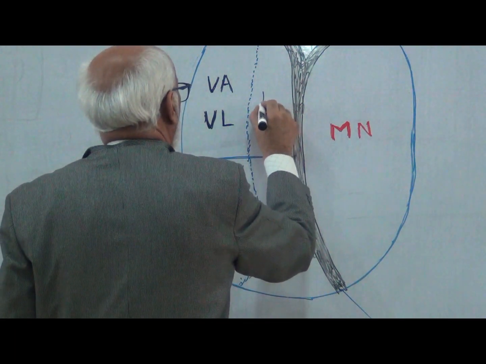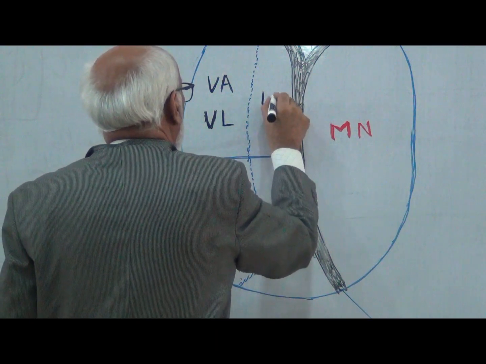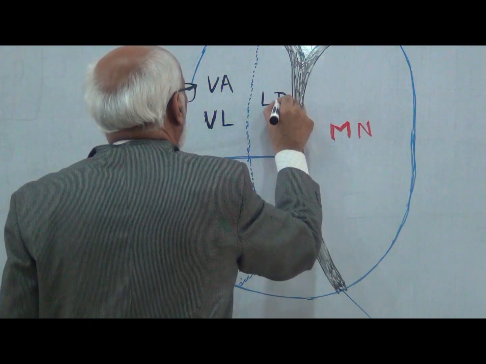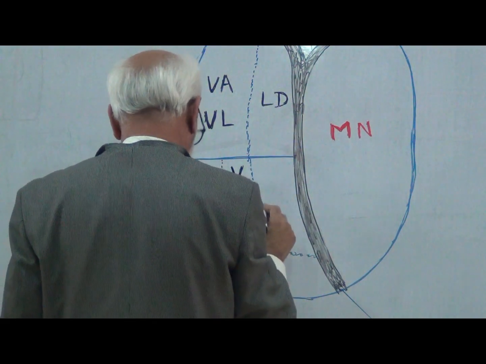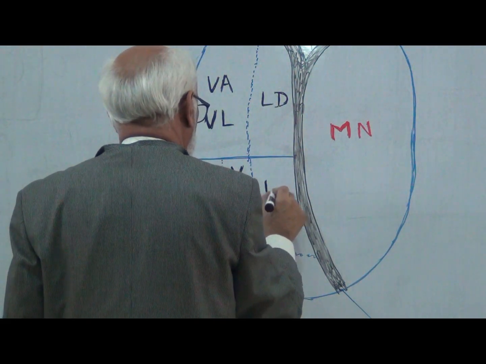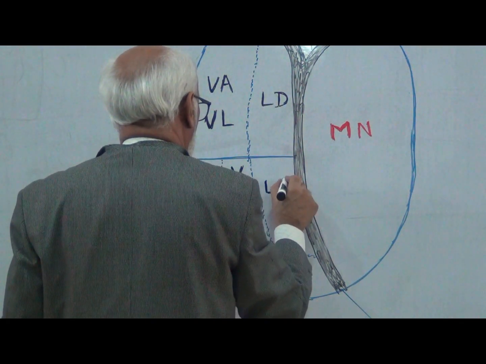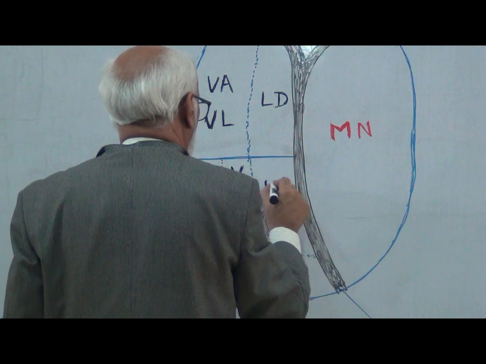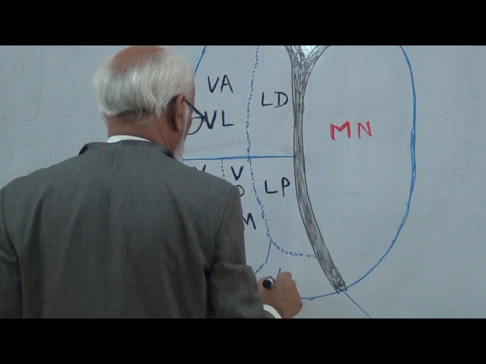Here is the lateral dorsal nucleus. And here is the lateral posterior nucleus. Here is the pulvinar.